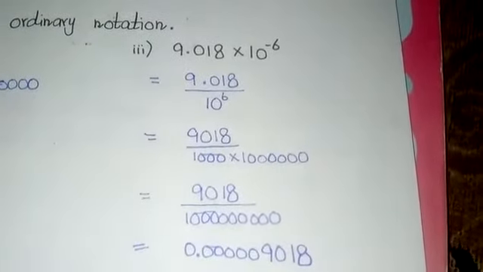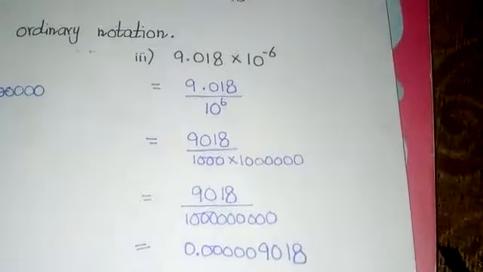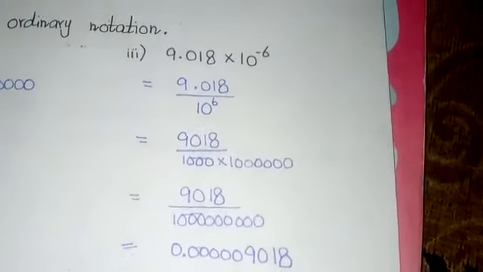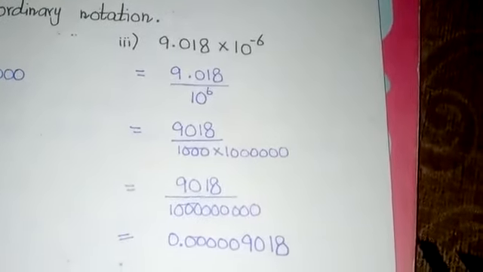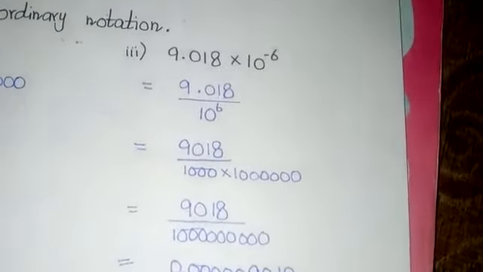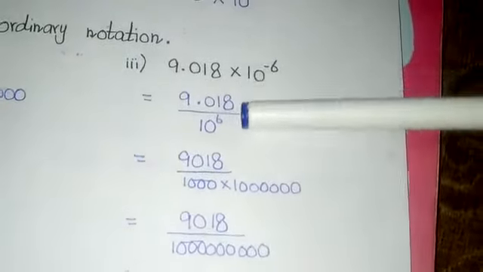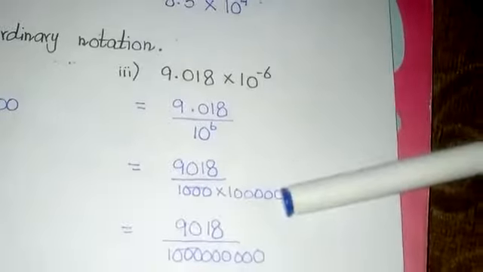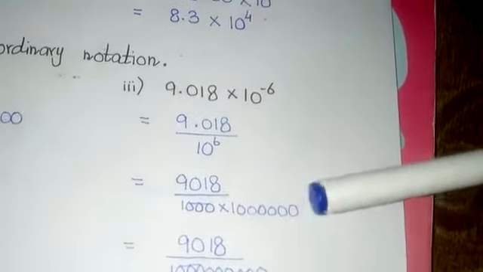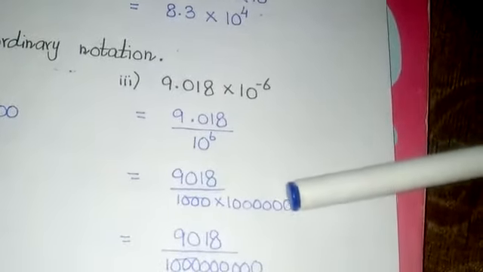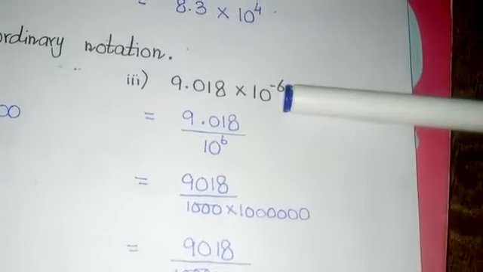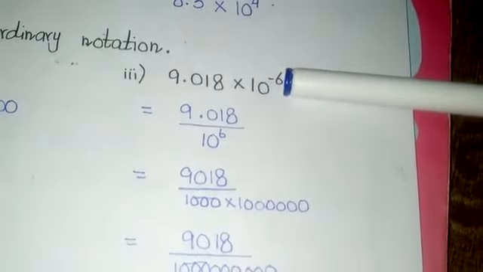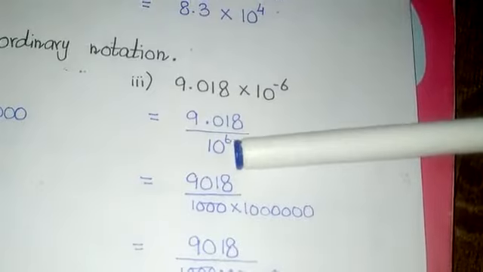9.018 into 10 raised to power minus 6. Remember, I have told you in case of any negative power, you will make it positive. If you remember the concept in chapter number 2, you all know when we shift the power from numerator to denominator or from denominator to numerator, it changes its sign. So I will move this 10 raised to power minus 6 to the denominator to make it positive.